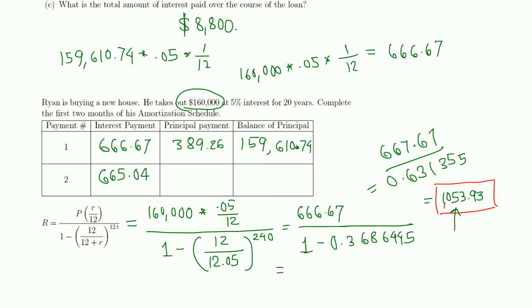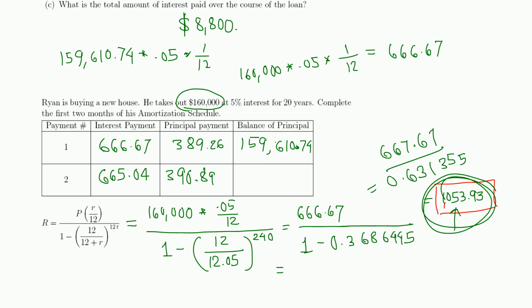So come back here and look at the right hand side. The total payment is always 1,053.93. Out of this is the interest payment, so subtract 665.04 from 1,053.93, then you get the principal, 390.89. Now what is the balance?